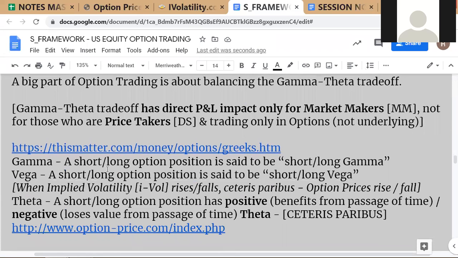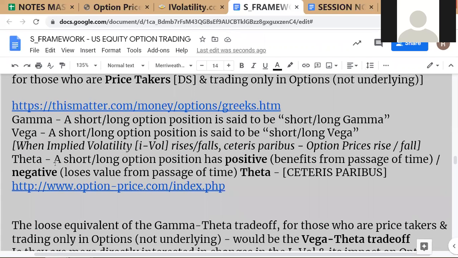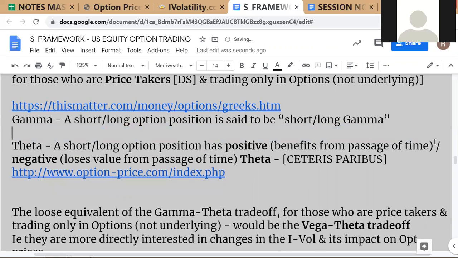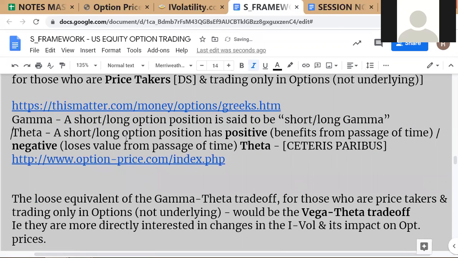So notice that, as I already showed you, a long position in options has negative theta, short has positive theta. That means it benefits from the passage of time. We'll delete this part for this discussion, because we're only interested in gamma and theta, right? Gamma actually has the opposite kind of characteristic to theta.